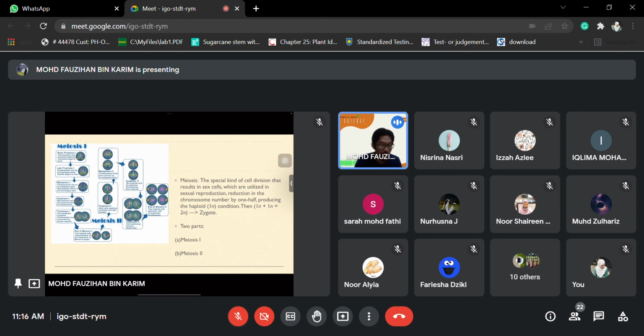Meiosis 1 dia akan from one cell becomes 2, and then meiosis 2 from 2 becomes 4. Jadi haploids ataupun gametes. Simple je. For the mitosis and meiosis will be covered in details later by Dr. Razik lah, because he's expert on this particular subject topic. Okay.